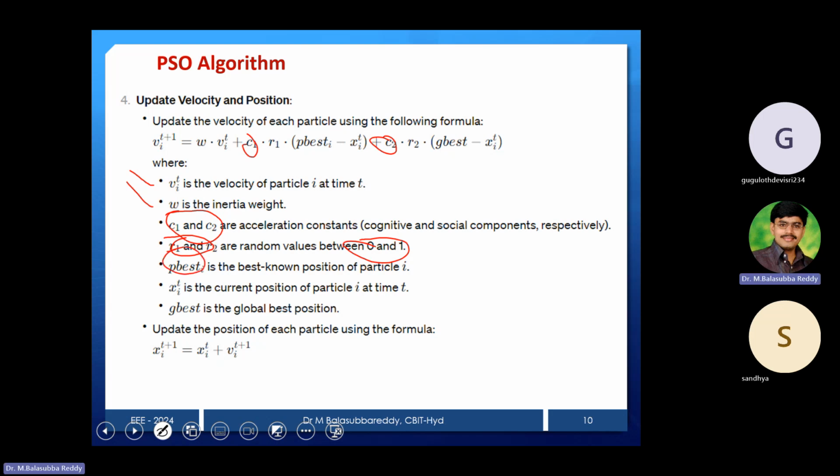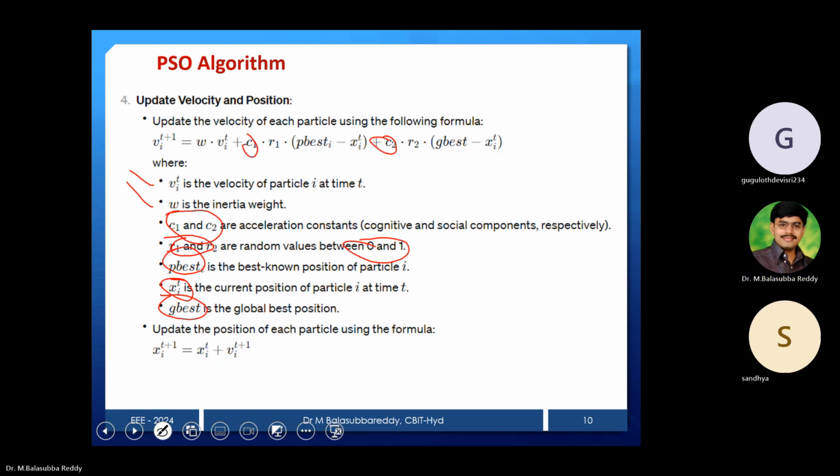And as I said, P best is the best known position of the particular particle, Xi is the current position of that particle, and G best is the global best position among the agents. Who is the best? That will be the G best.